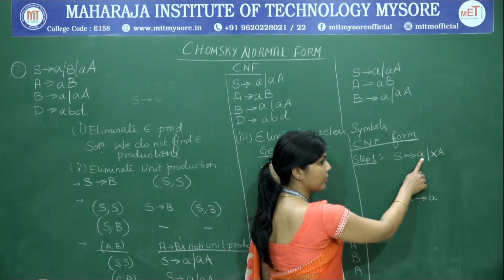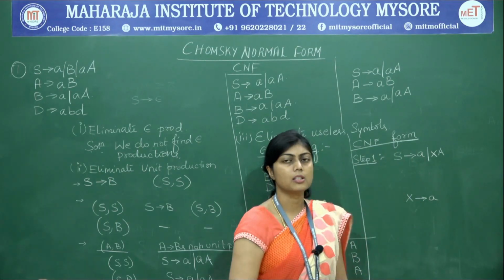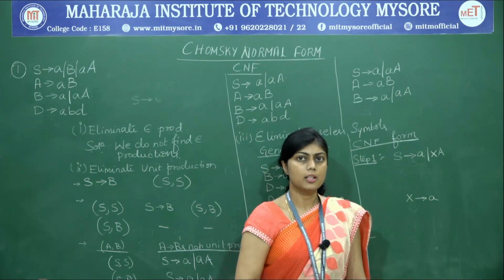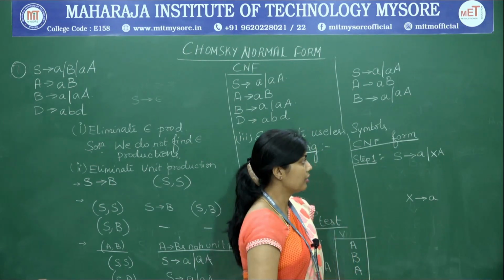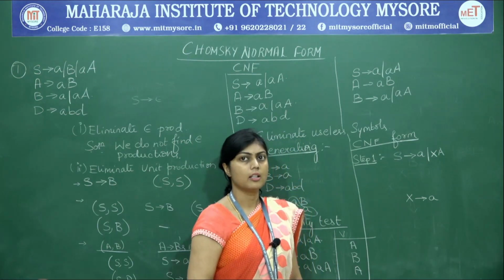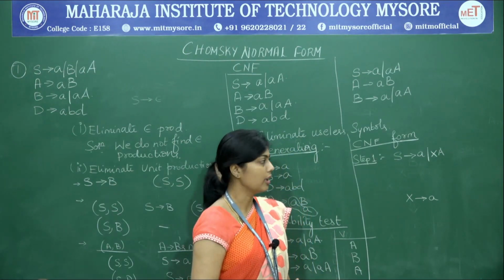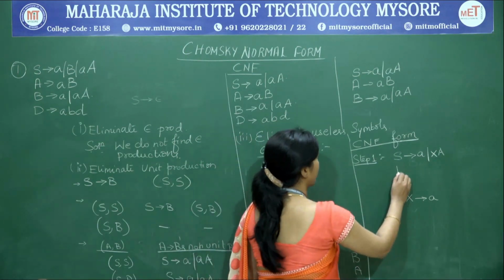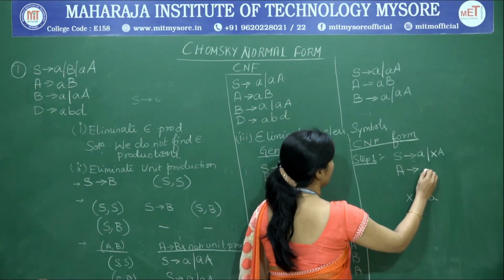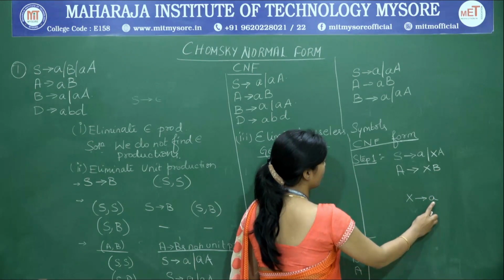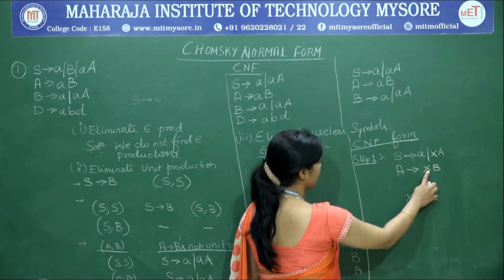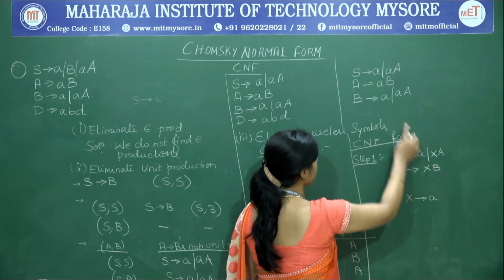Here there is a terminal a, but we do not make changes to that production because the length of that production is not greater than or equal to 2. We are interested only in productions of length greater than or equal to 2. Next we have A goes to AB. Since X goes to a, I am replacing a by X and writing XB.